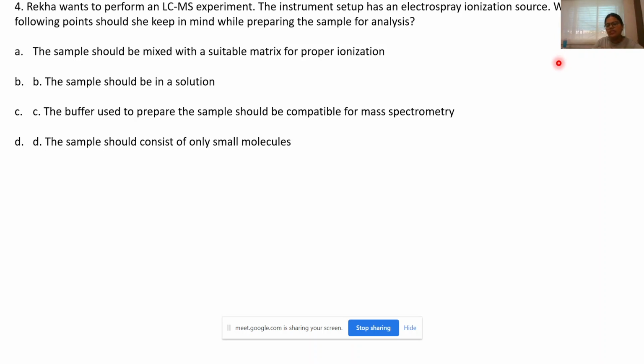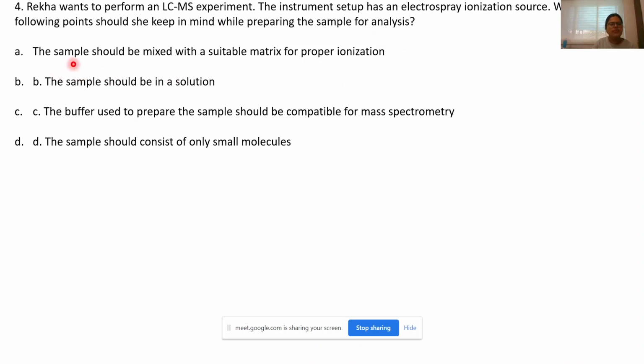Depending upon the ionization mode, whether it is positive or negative mode, plus H or minus H, a charged species will be generated. However, it will not lead to fragmentation of your molecule. So whenever you are using an electron spray ionization source, which of the following points should she keep in mind while preparing the sample for analysis?